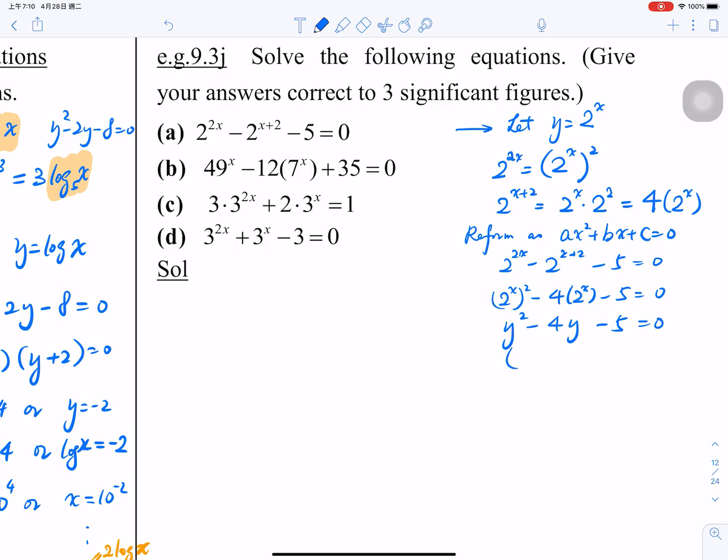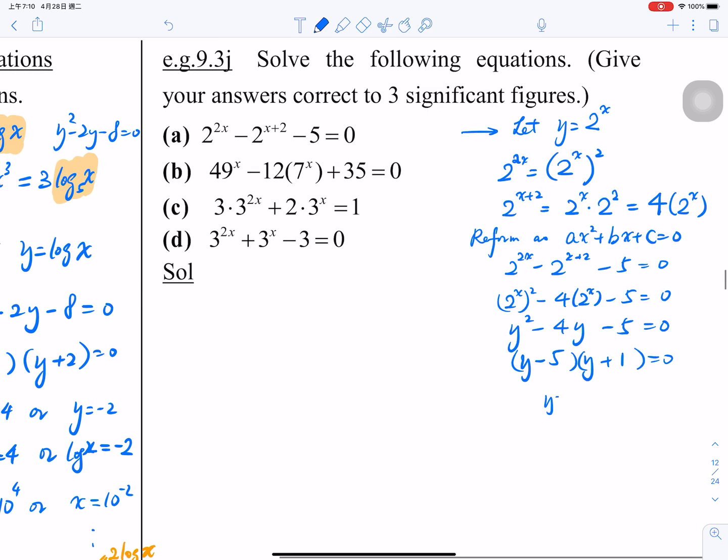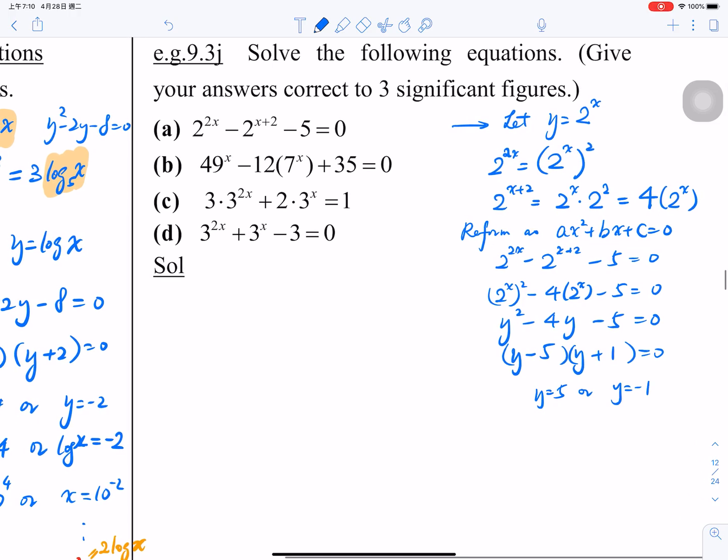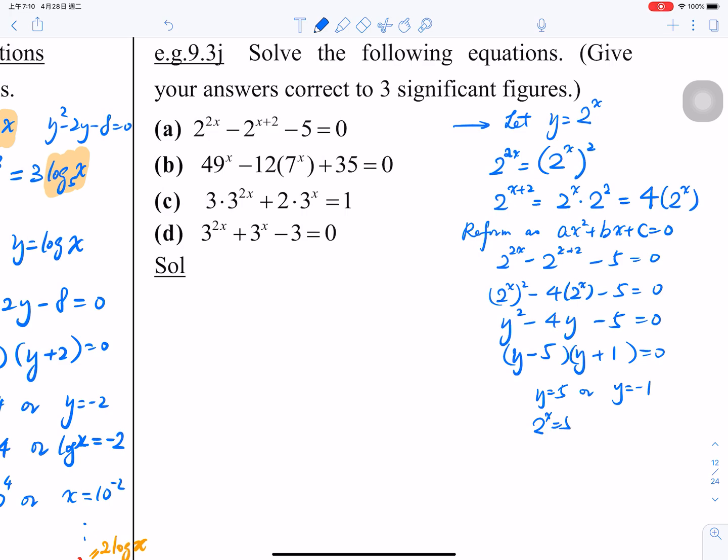So you can factorize it as y minus 5 and y plus 1, and y equals 5 or y equals negative 1. Remember, you let y equal 2 to the power x, so 2 to the power x equals 5, or 2 to the power x equals negative 1, and then what is x?